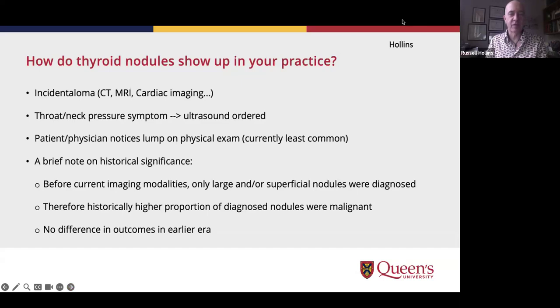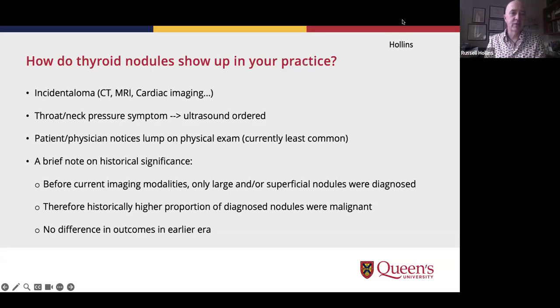The patient would say, oh, I felt a lump, or a primary care provider picked up a lump on examination. These lumps, in relative terms, were on average bigger, and maybe, in the sense that they were now noticeable, more aggressive.